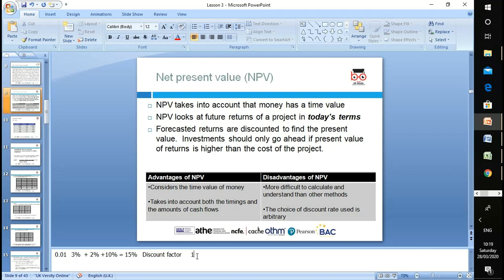But the formula is 1 divided by 1 plus R, where R represents the discount rate. So what is meant by 15%? 0.15. So we divide 1 by 1.15.